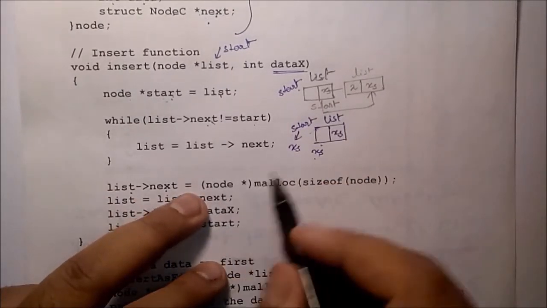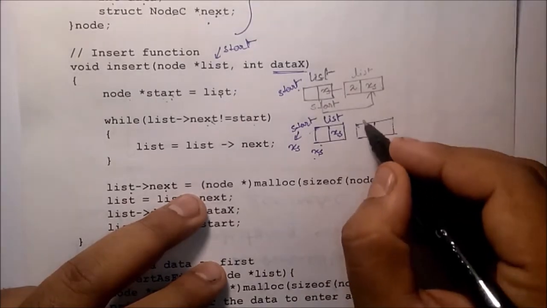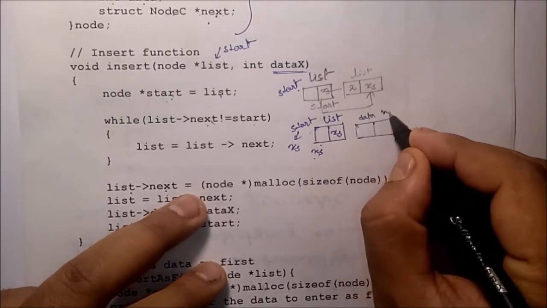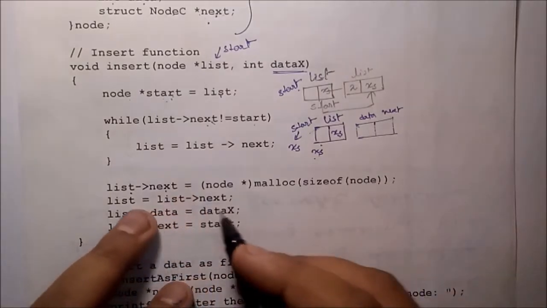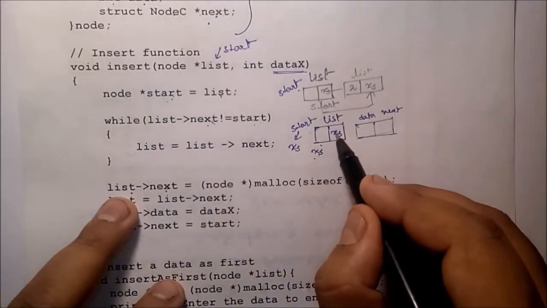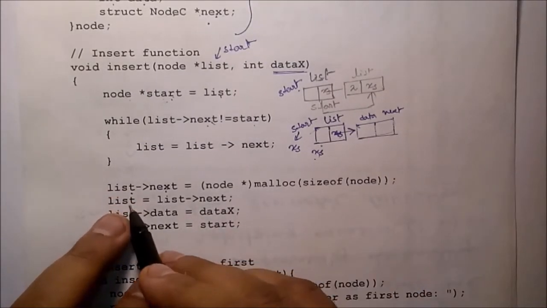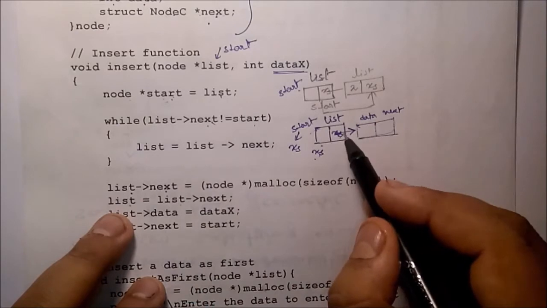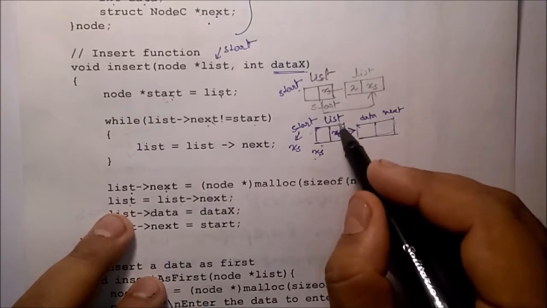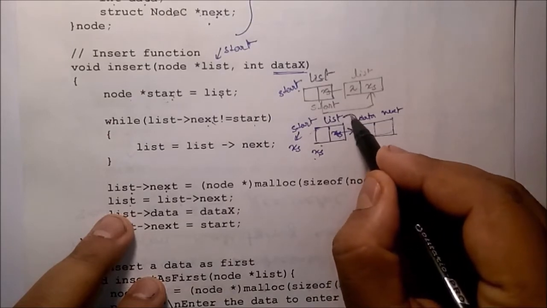Now list next means here we store. From this particular statement we can create one memory portion. There are two parts, the data part and the next part. List next means here we store the address of this particular portion, and list is equal to list next. Now list is pointing to this particular node.